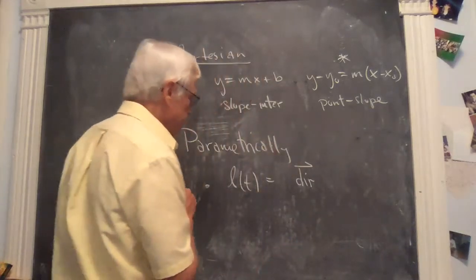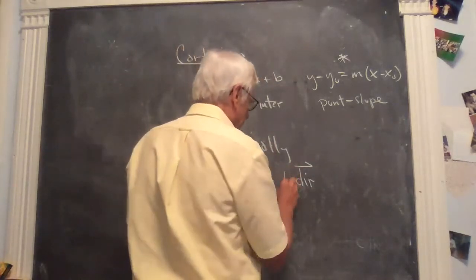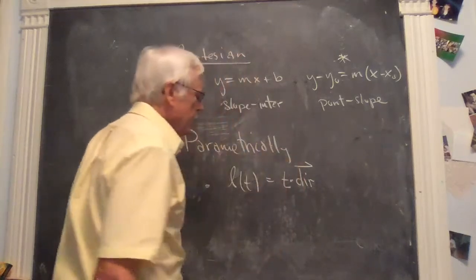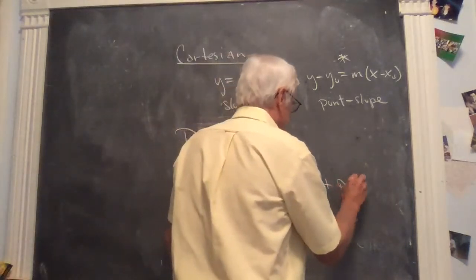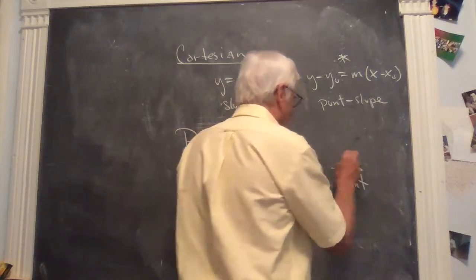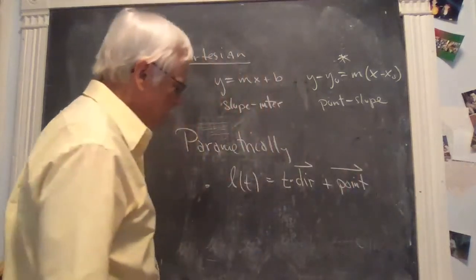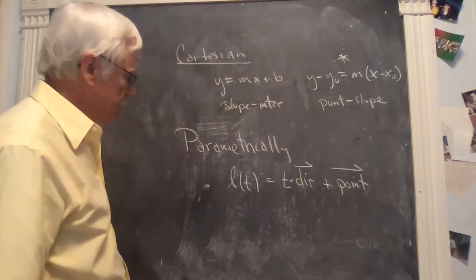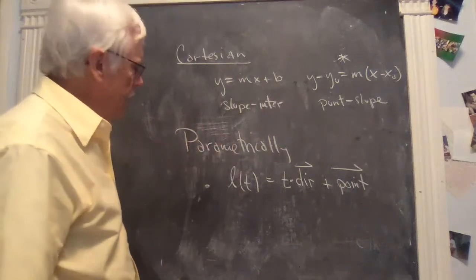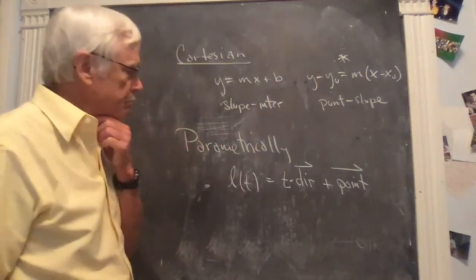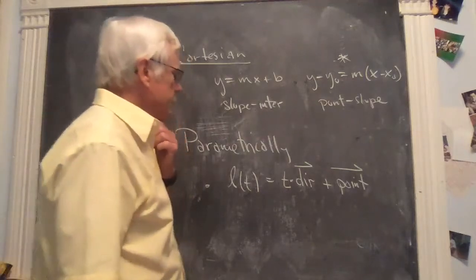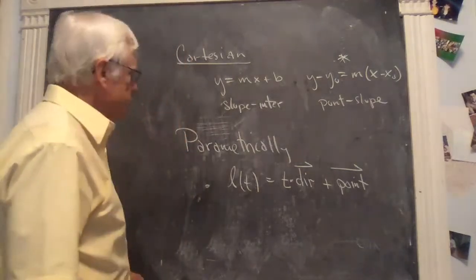So a vector might be a unit vector, it might not. t times the direction plus a point. And a point is a point on the line, so these are both vectors in the plane. Parametrically, this is a line, and a line in the plane. So this is what these will look like.